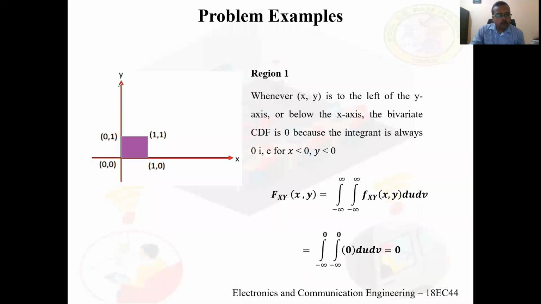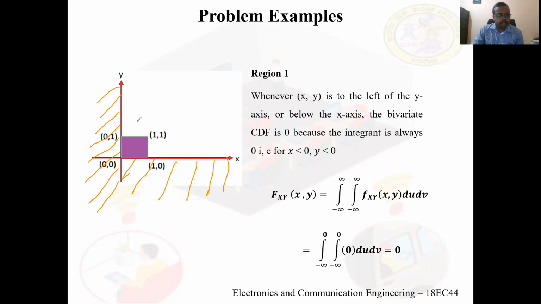In the sense, now, to the left of the y-axis, this shaded region, right? Or below the x-axis, this region, right? Now, if you see in the given example, the values of x and y lie between what? x and y greater than 0, x and y less than 1.